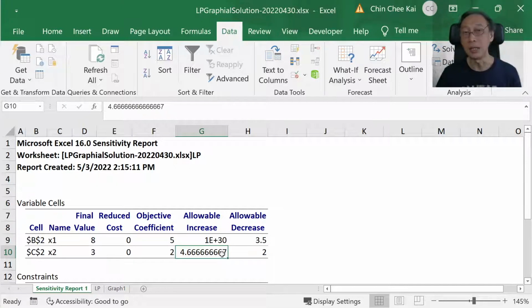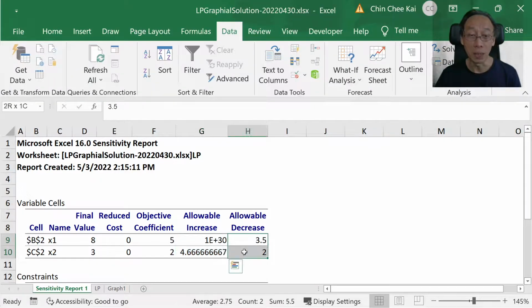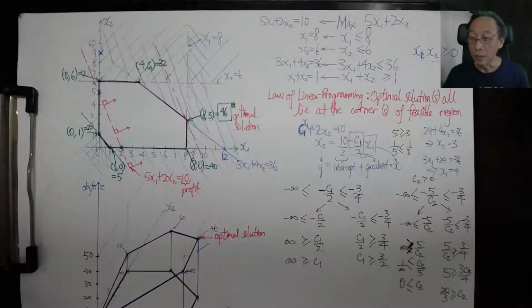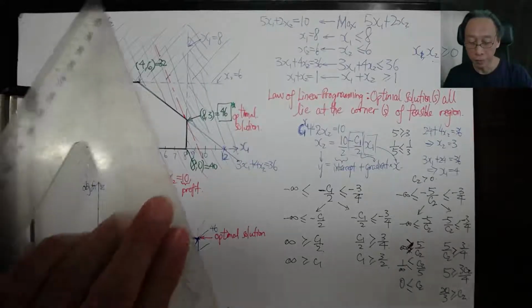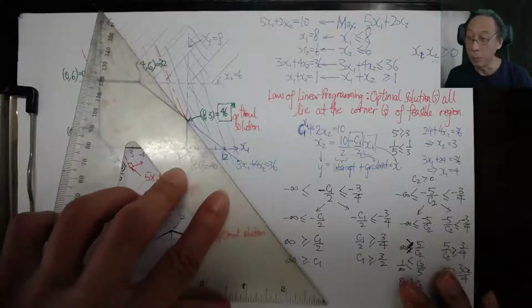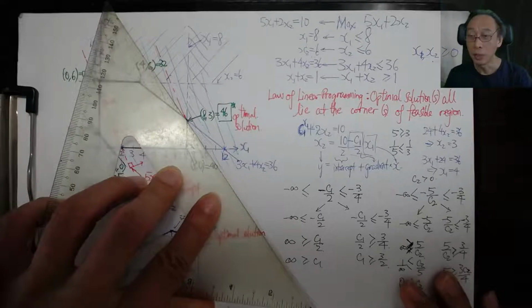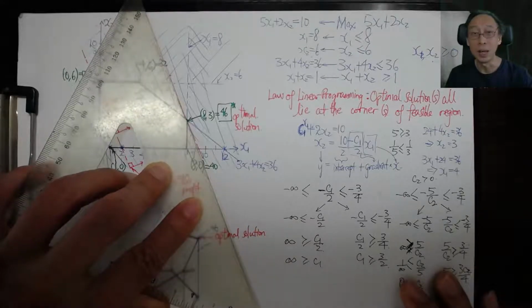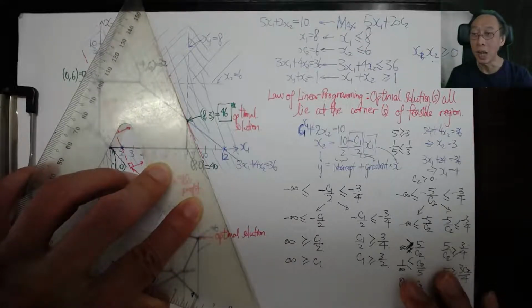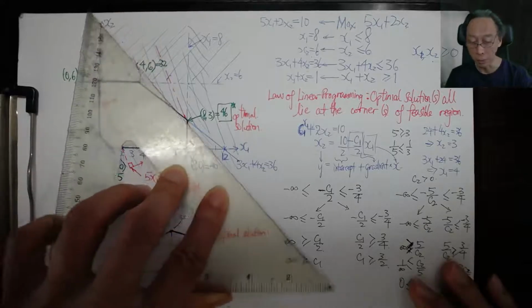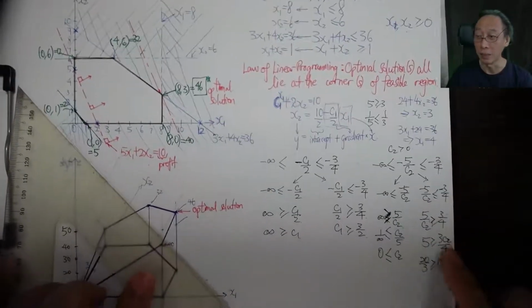And so now you can see the link between how Excel gets all these allowable increase and decrease, by essentially tilting the objective function line about the optimal solution this way. Of course, in a two variable situation, we can see the one-to-one correspondence, and we can actually do the analysis ourselves.